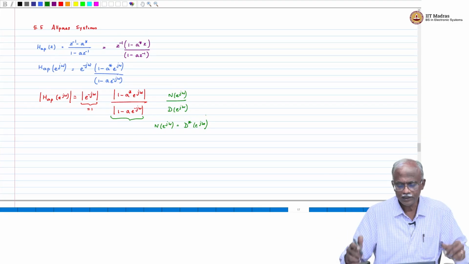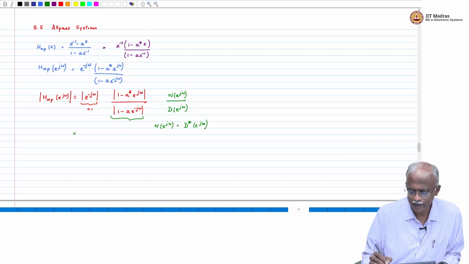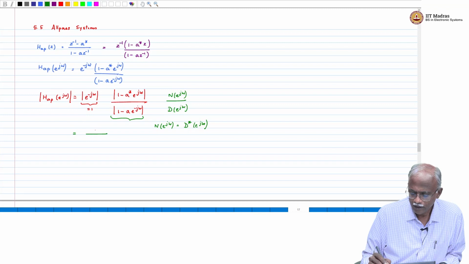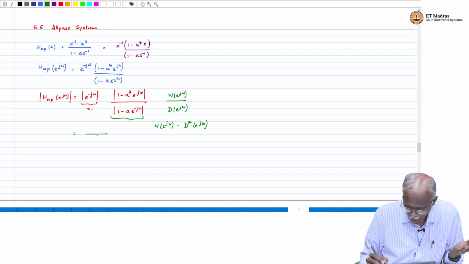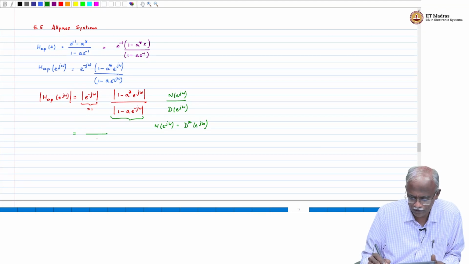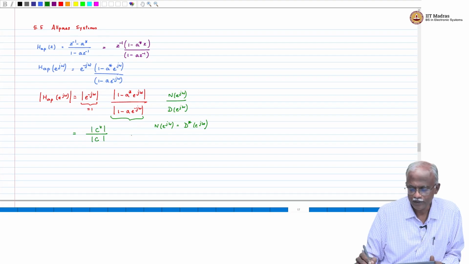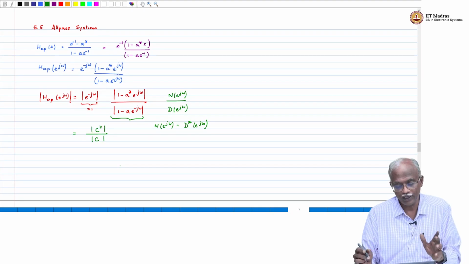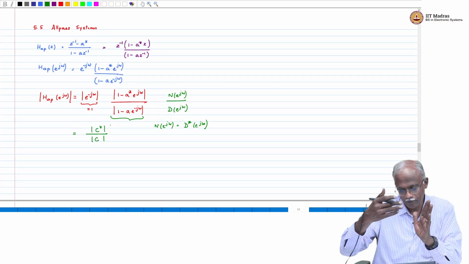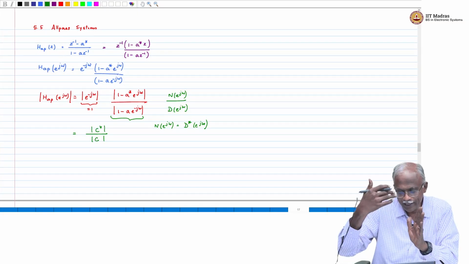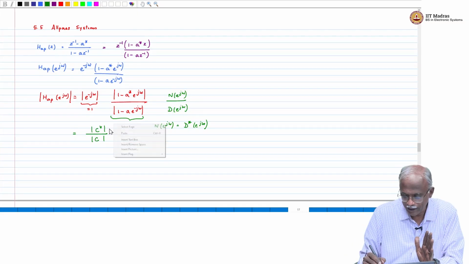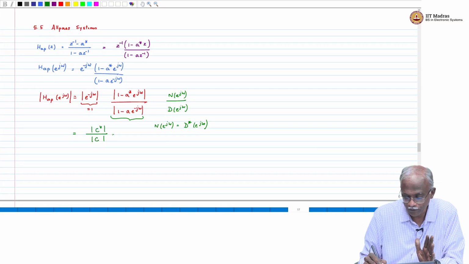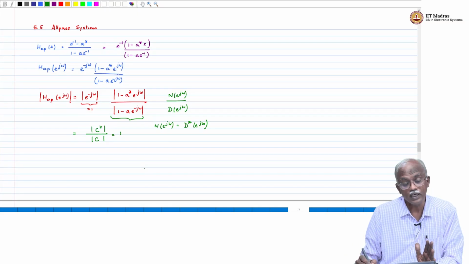So we can write this as some complex number, let us call it c, and the numerator is c conjugate, and we're looking at their magnitudes. A quantity and its complex conjugate will have the same magnitude, so therefore this ratio is equal to 1.